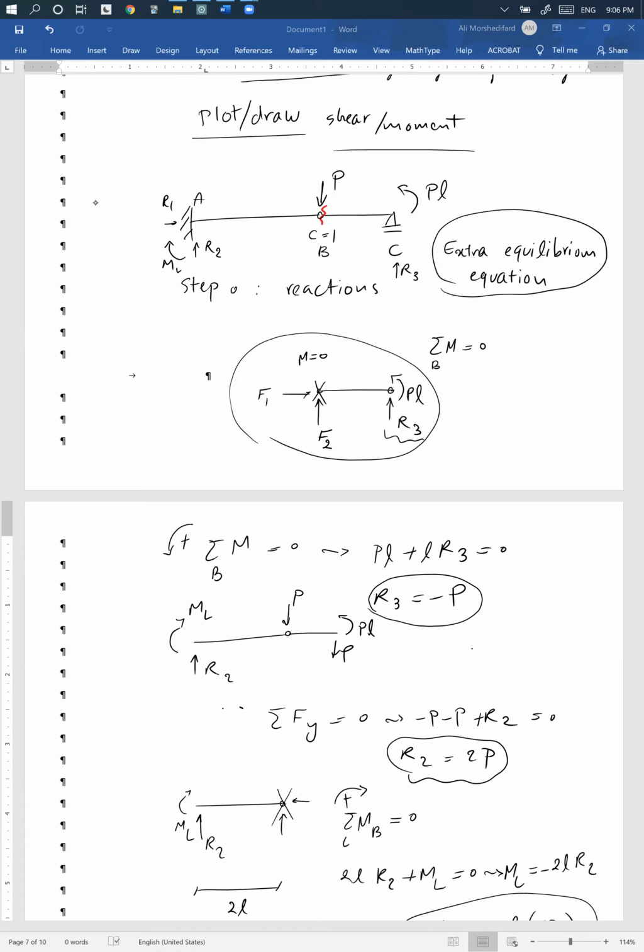And why is P not there anymore? Okay, that's a good question. You're saying when I'm cutting, why did I just forget about P? Well, that and why are the other two, the moment and the R3, able to be moved to where P was also?